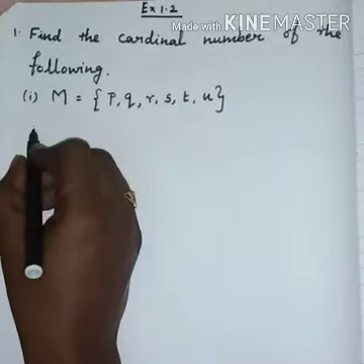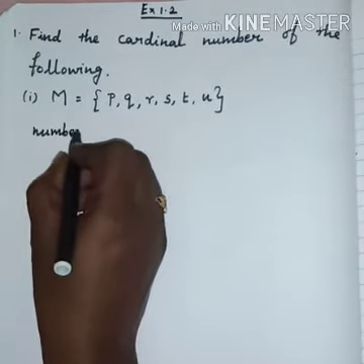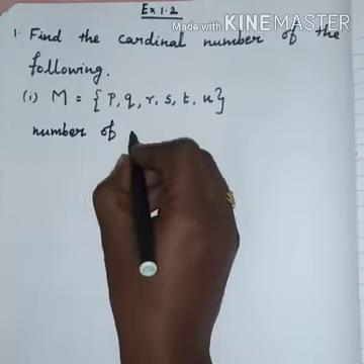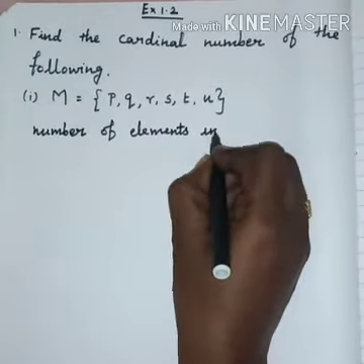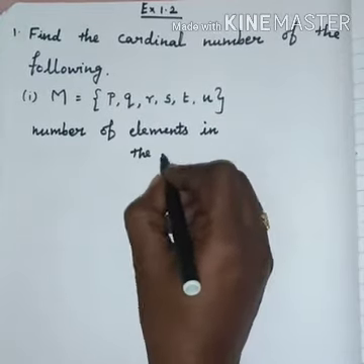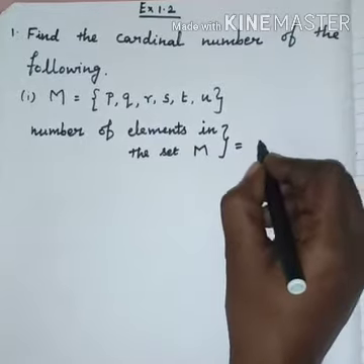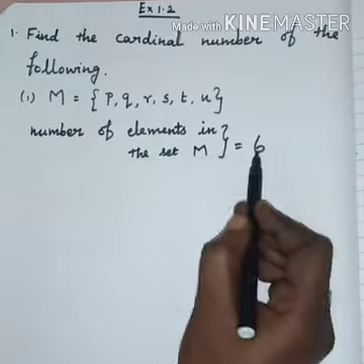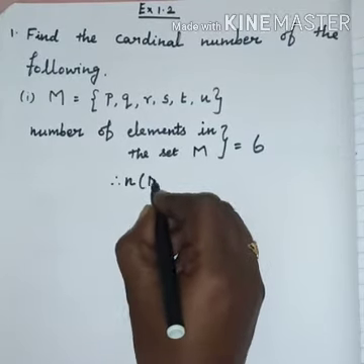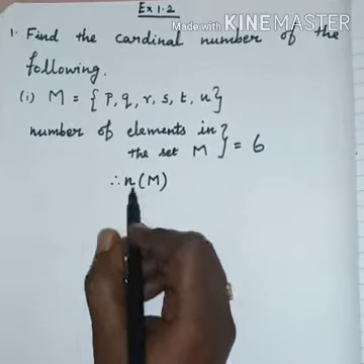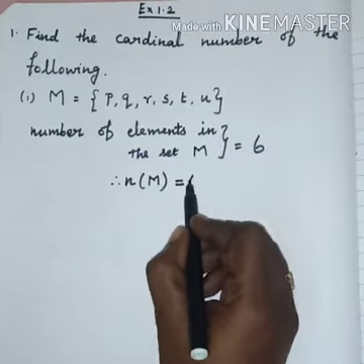Therefore, the number of elements in the set M is equal to 6. n of M, which is the number of elements in the set M, is equal to 6.